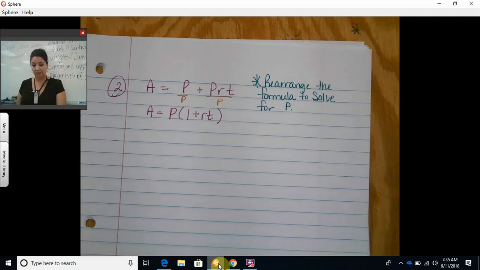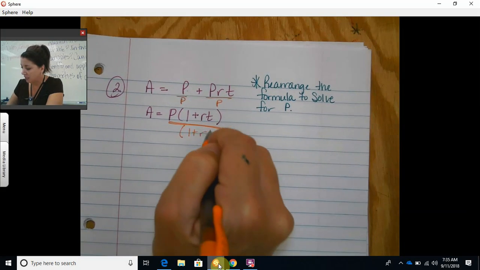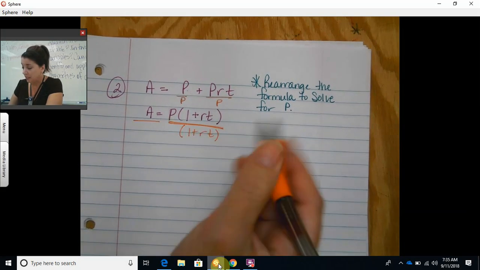Now what should we do? Divide by 1 plus R times T, because it's being multiplied by P. We want it to go away, so the inverse of that would be to divide by 1 plus RT, which would be rate times time.